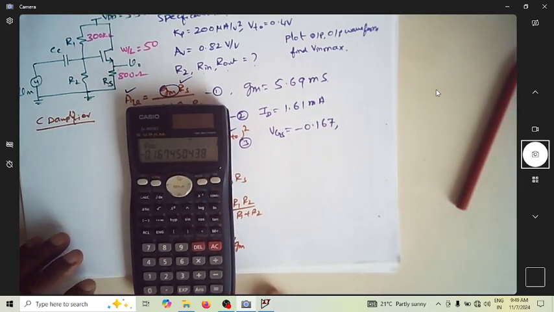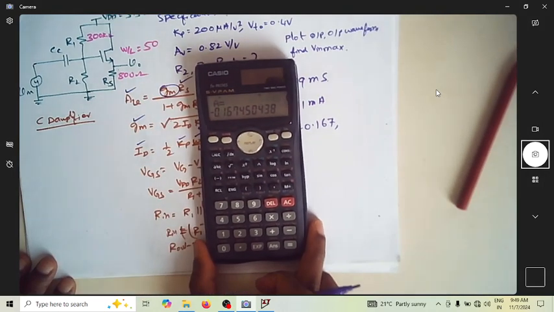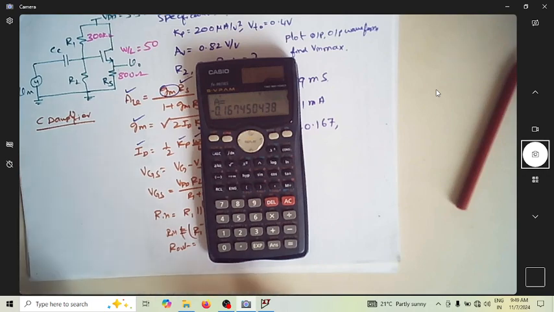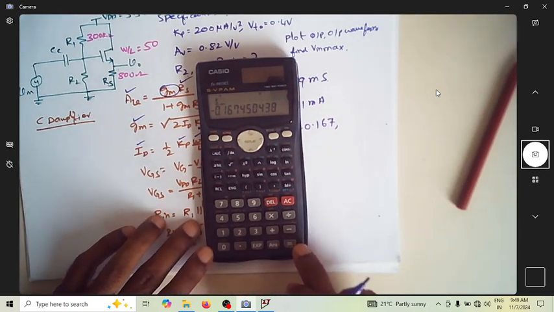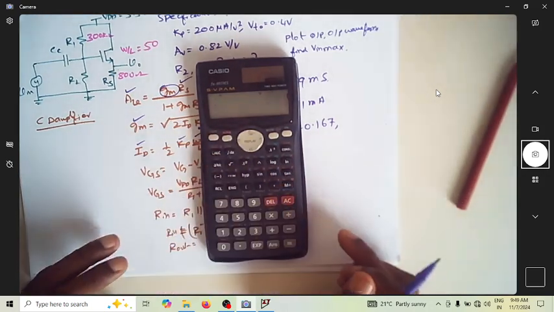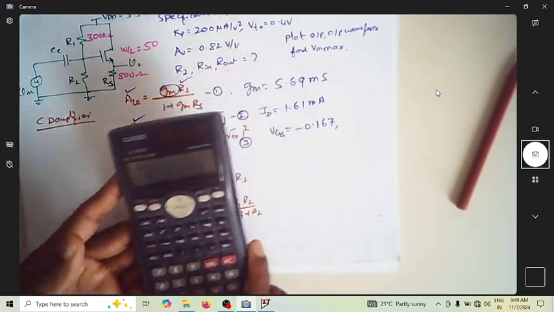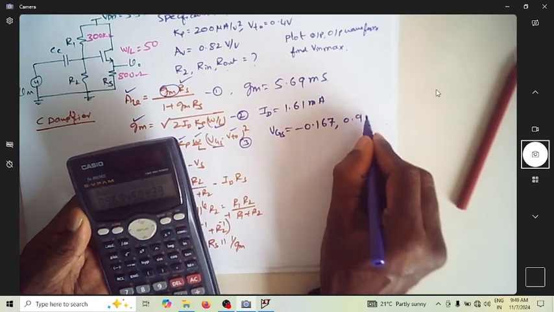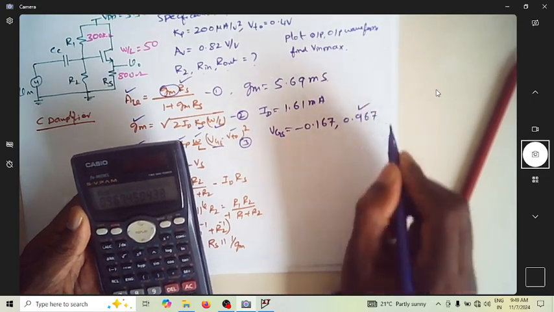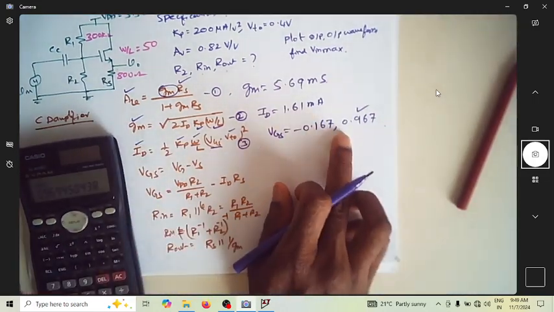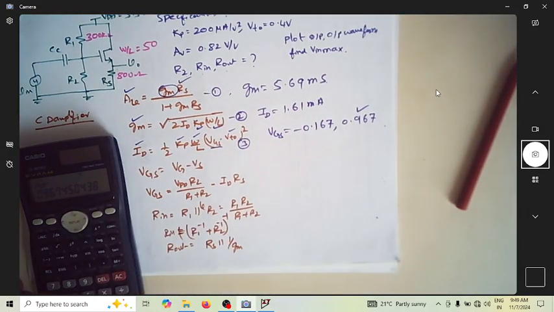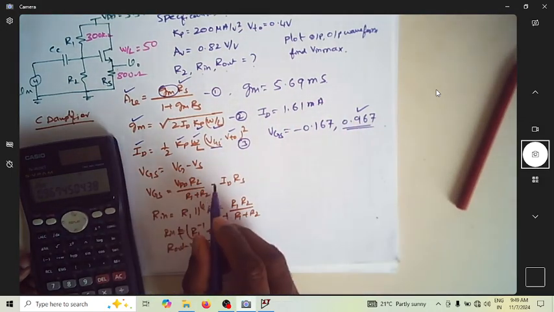So let us try to find the other answer. The other answer is coming out to be 0.967 volts. So this is the possible answer. The VGS is now 0.967. So this is the value of VGS.